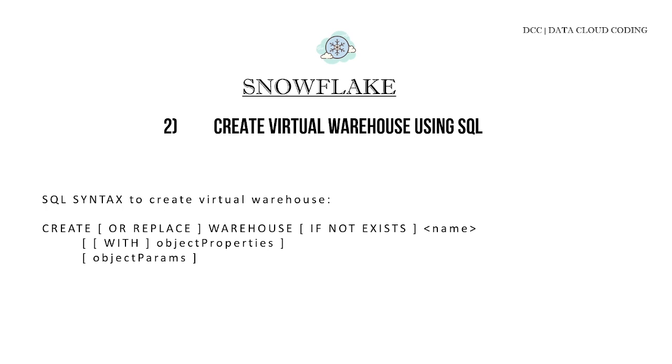Now let's have a look at what these object properties and object parameters are, and how we can create a virtual warehouse using them. So first, let's get our minds clear on these two terminologies, the object properties and the object parameters, and then we will hover to our Snowflake account and create a virtual warehouse using a SQL command.